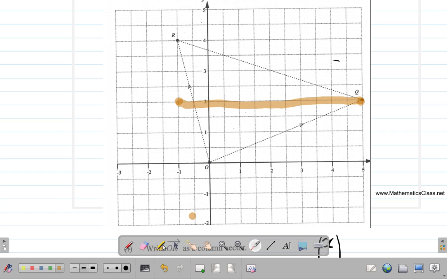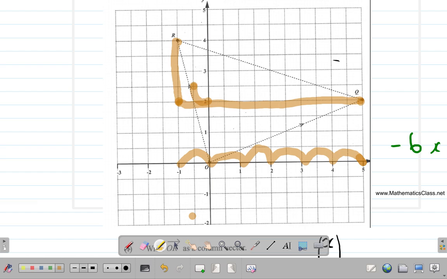That means you move 1, 2, 3, 4, 5, 6 places to the left. So you move negative 6 along the x direction. When you move from this position up to R, how many places do you move upward?